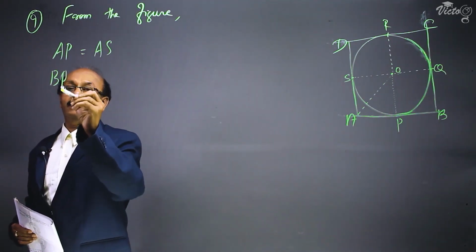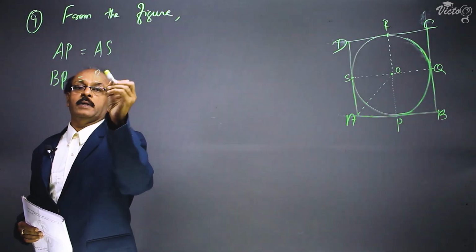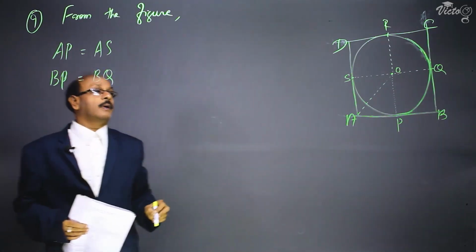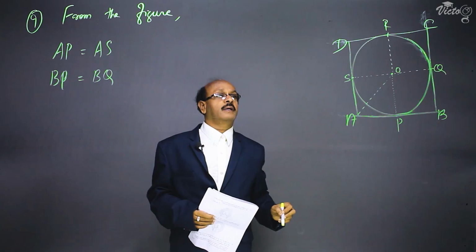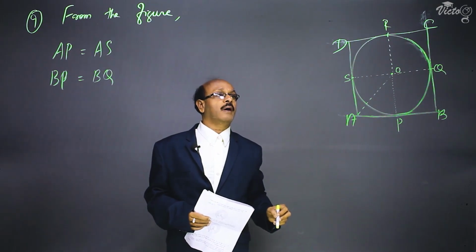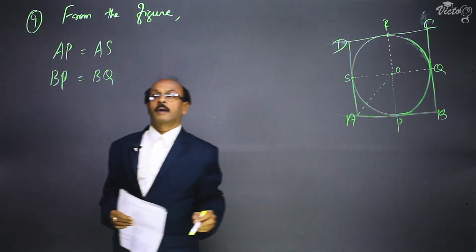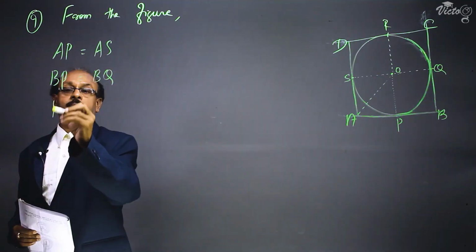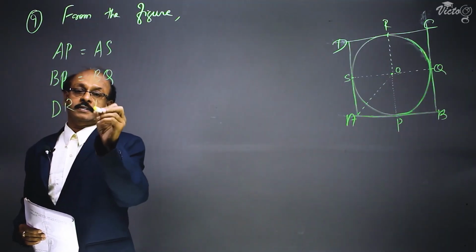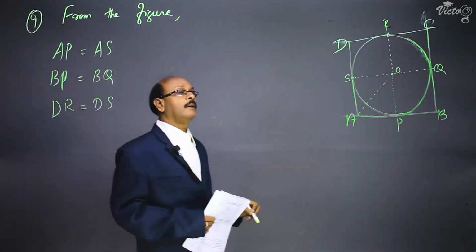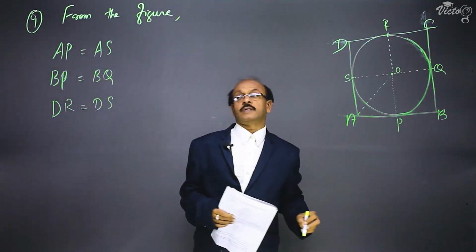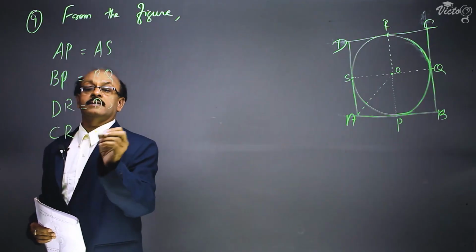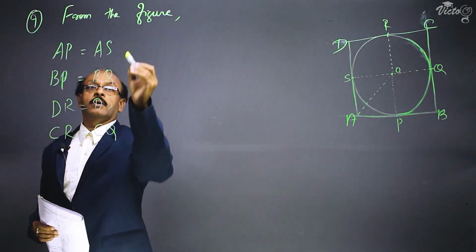Again, DR is equal to DS. And CR is equal to CQ.